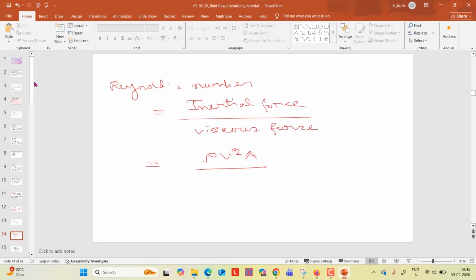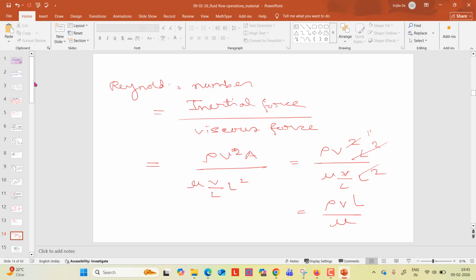Then the viscous force is mu v by L into L square. A can also be written as L square, because A is the area in meter square. So the inertial force is rho v square L square, and the viscous force is mu v by L into L square. Now what is coming? This will cancel out. This is 1. So it is coming as rho v L by mu.